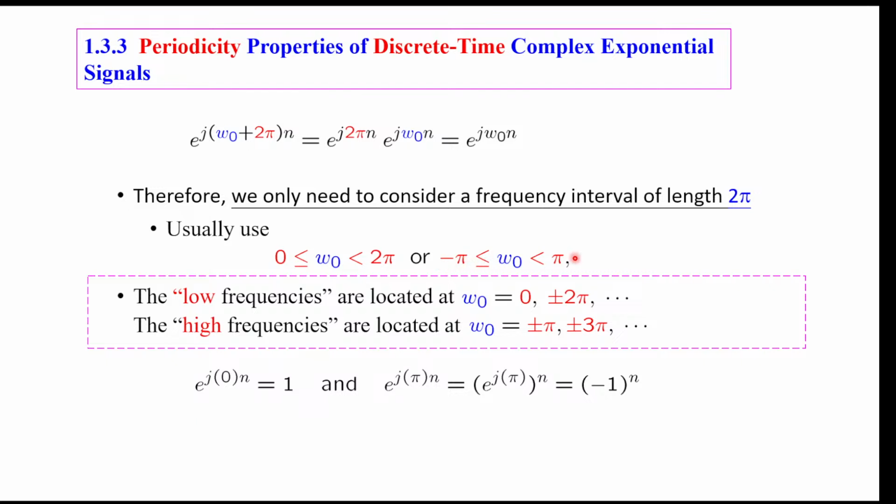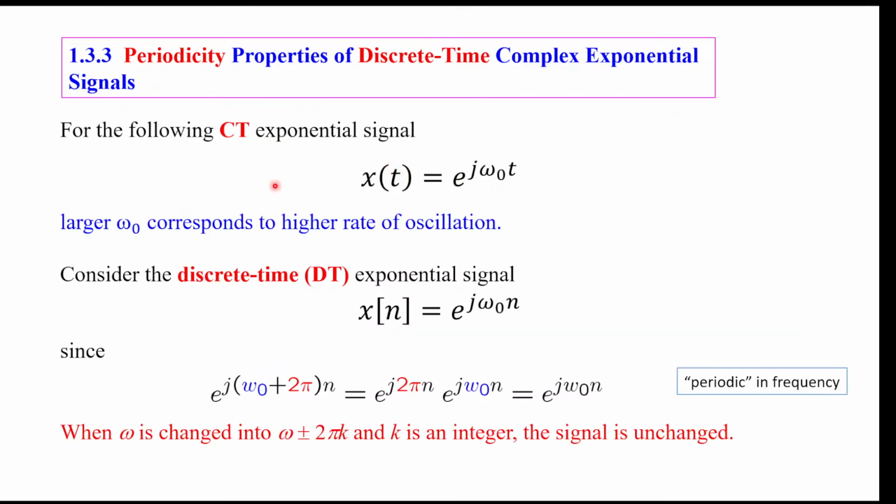And then the idea of high frequency and low frequency is also different for discrete signals. For continuous time signals, high frequency just means omega has a very large absolute value, and low frequency is 0.